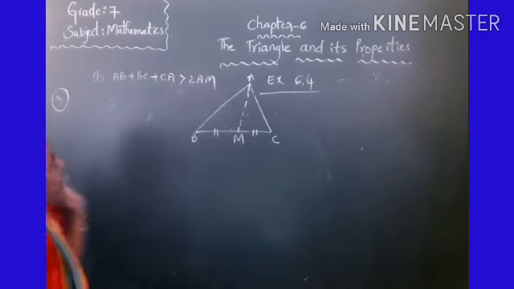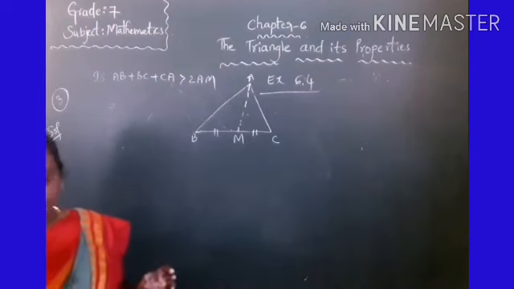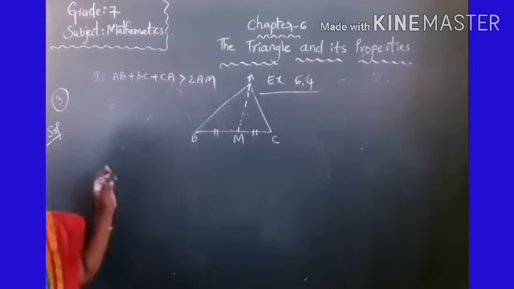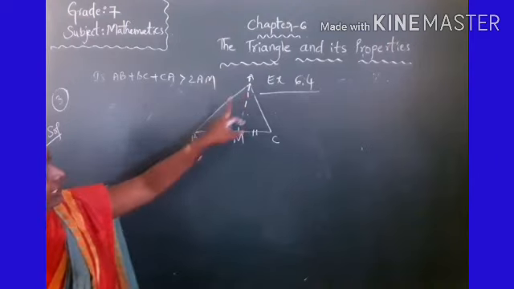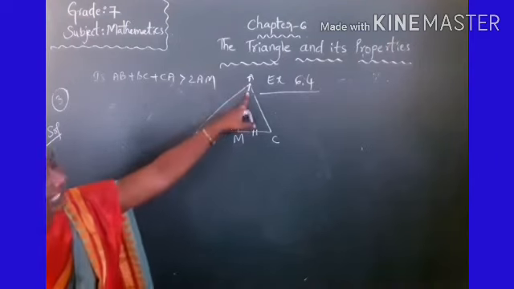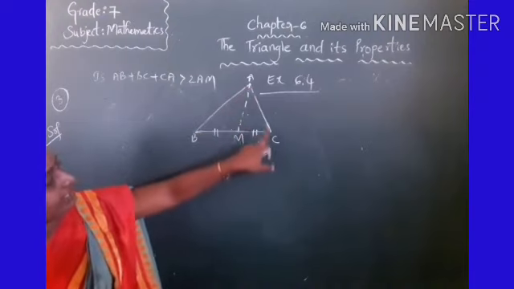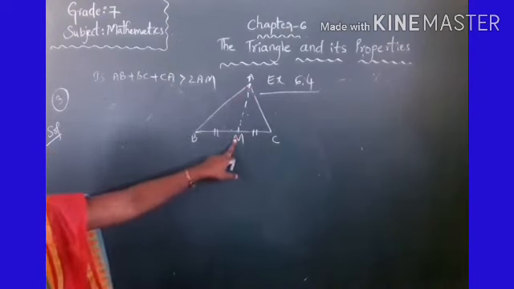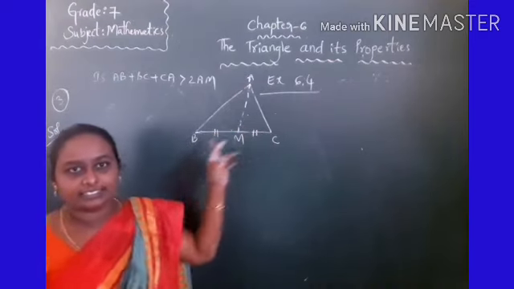Now we have to prove that one. So first of all, how many triangles are formed here? Two triangles. What are they? A, B, M. A, C, M. Two triangles, ABM and ACM.